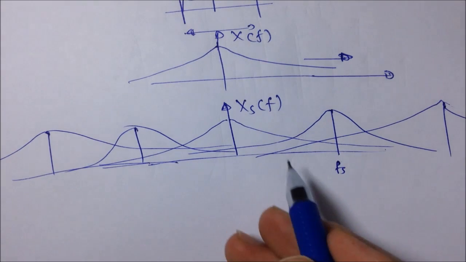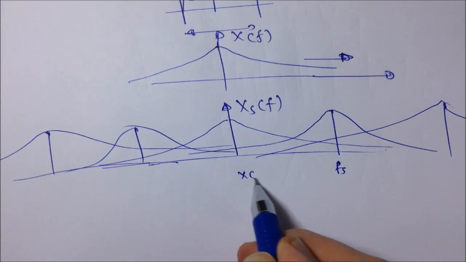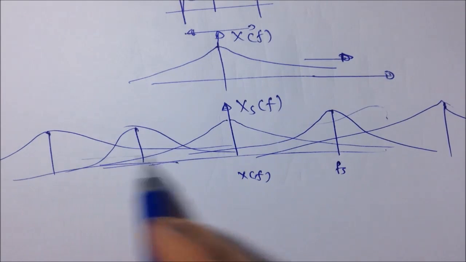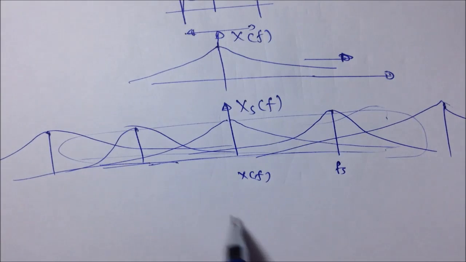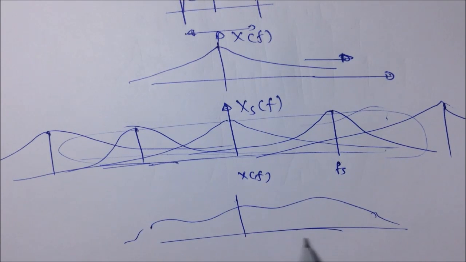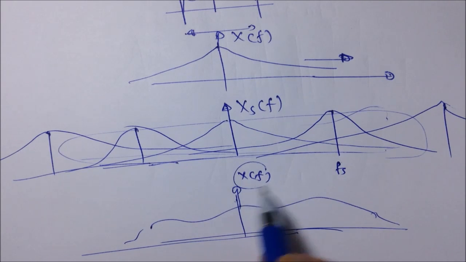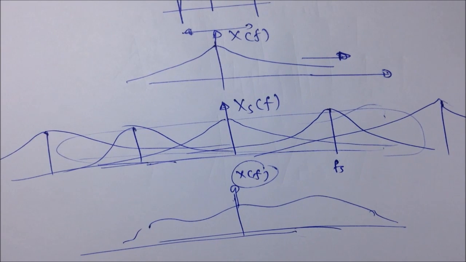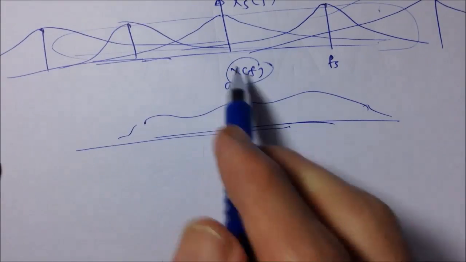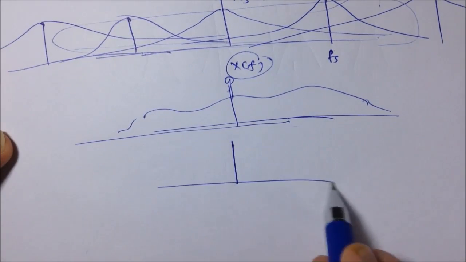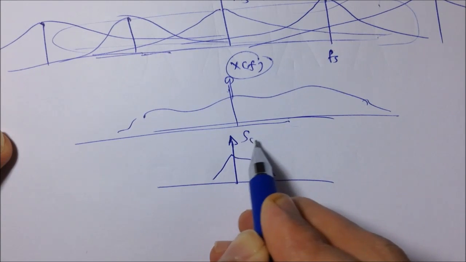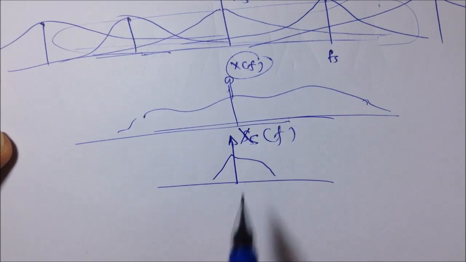And you cannot extract X of f from it. You have to add all these replicas together, and then you'll get something that you'll never be able to extract X of f from. Unlike the case where X of f was band limited, then X s of f looked like this.